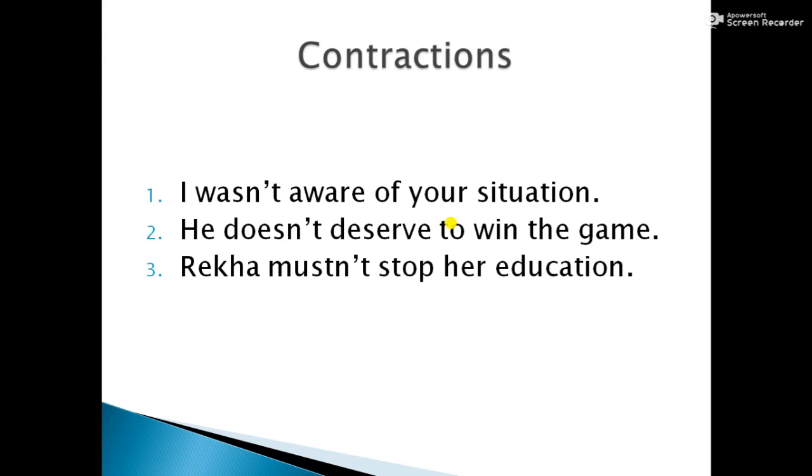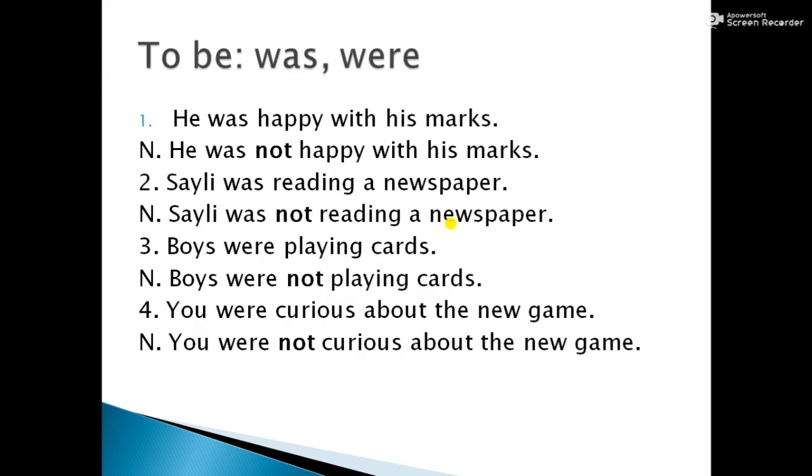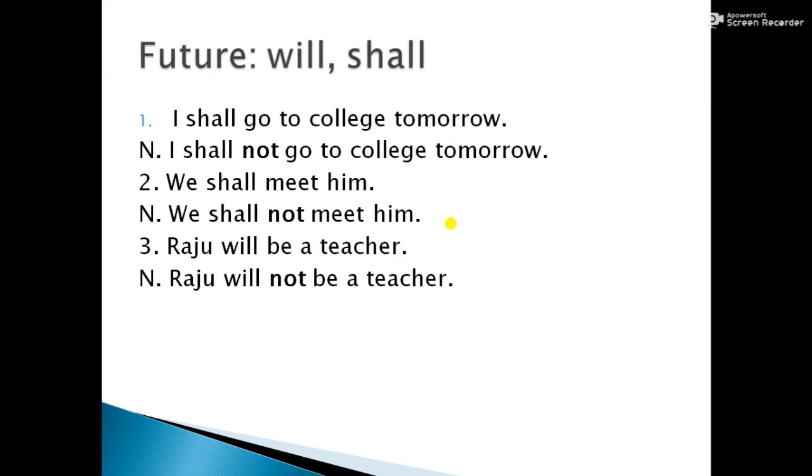Then how to convert sentences from positive ones to negative ones when there are forms of to be, when past forms of to be are there, we have just discussed. When there is future tense using will and shall, what to do: shall not, will not. We have seen this.